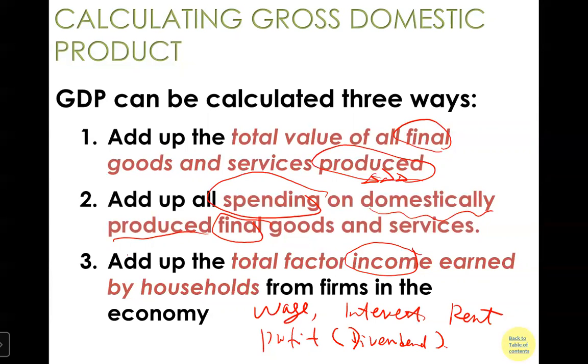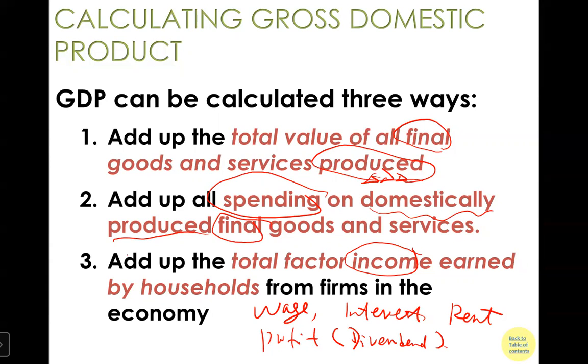Wage is paid for the use of labor. Interest is paid for the use of capital. Rent is paid for the use of buildings and land. Profit and dividend are paid for the ownership of the business.